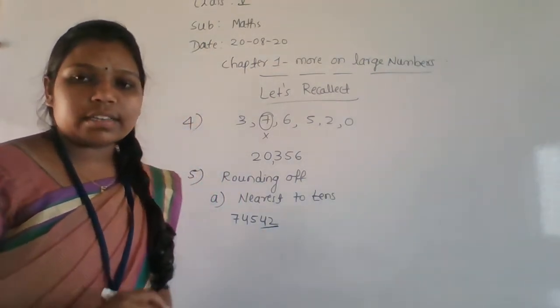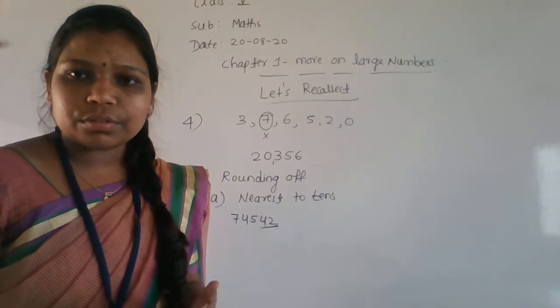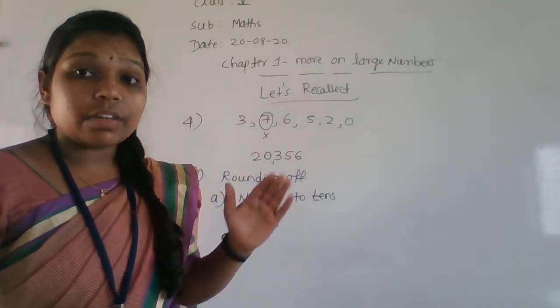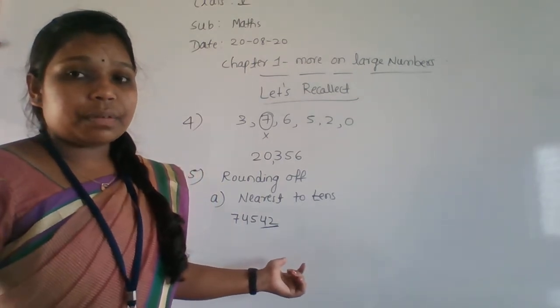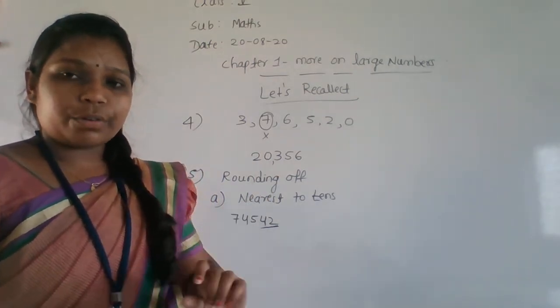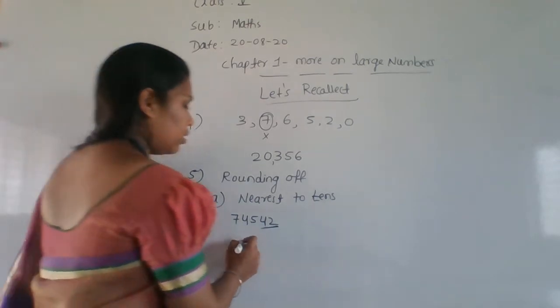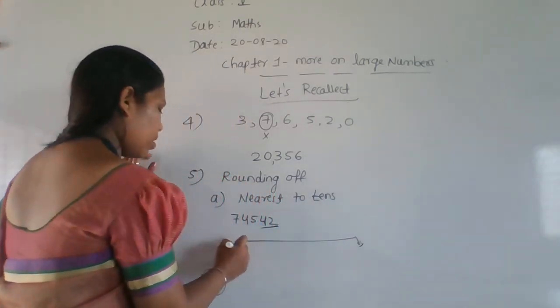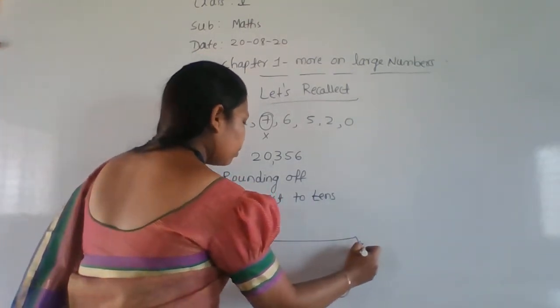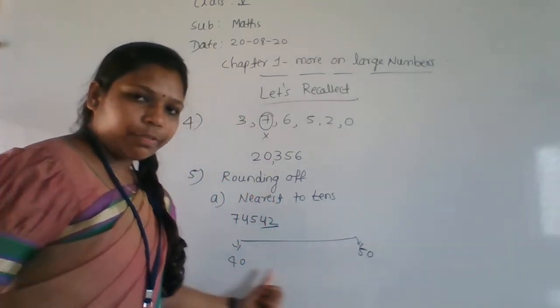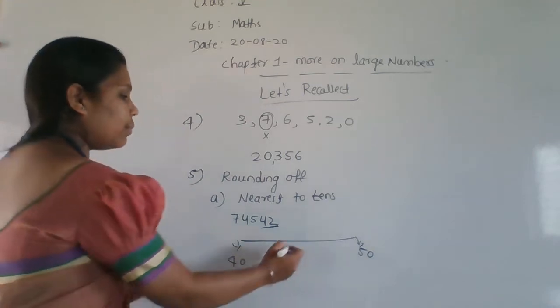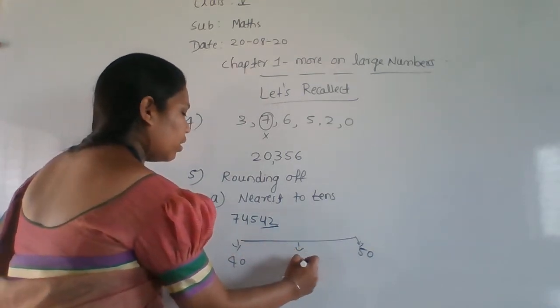And 42 is a number that lies between which values? It lies between 40 and 50, right? So 42 lies between which values? That is 40 to 50. Okay, the number 42 lies between 40 and 50, and the middle number is what here? 45.